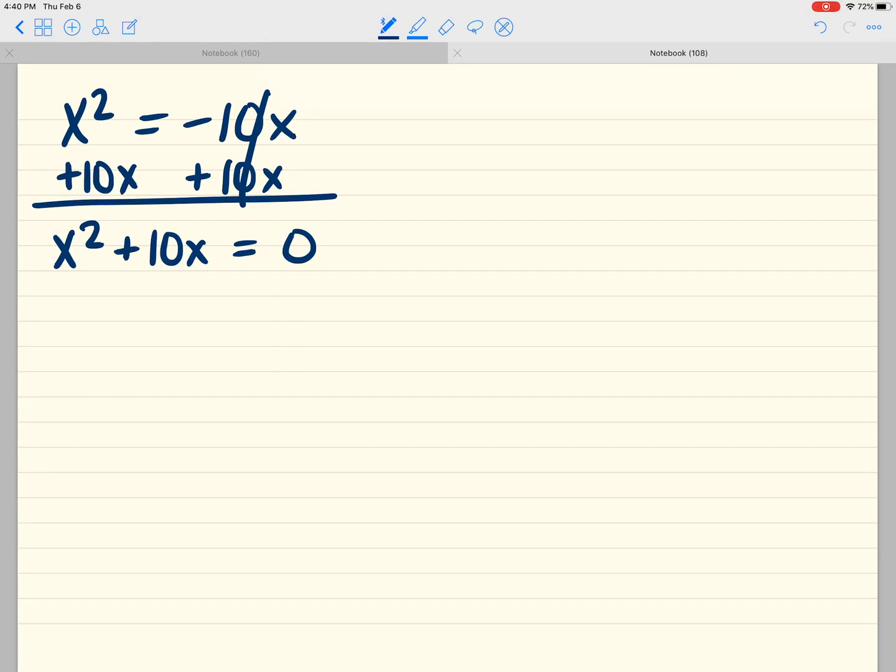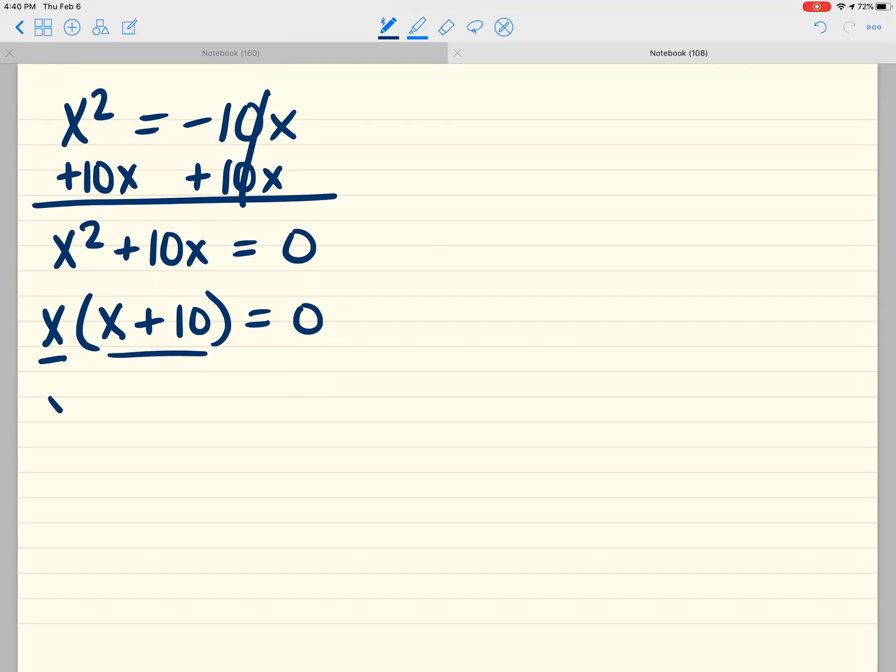All right, as soon as you get everything on the same side set equal to 0, you want to factor first. So what can you factor from both terms? In this case, it would just be x. If I factor out x, I'm going to be left with x plus 10 inside my parentheses, right? Because if I distribute that back in, x times x would give you x squared, x times 10 would give you 10x.